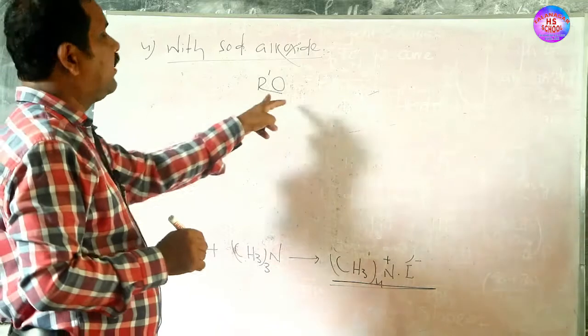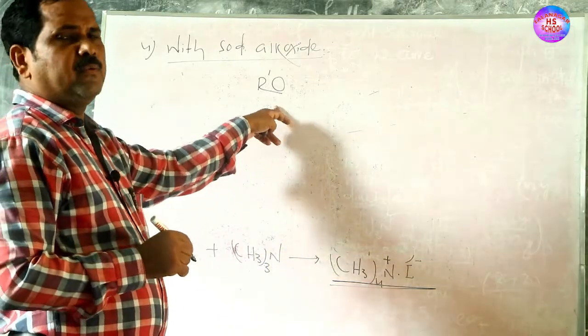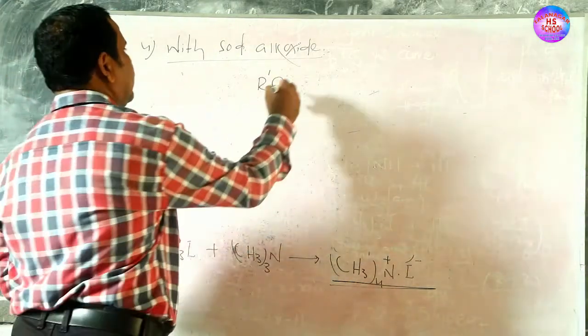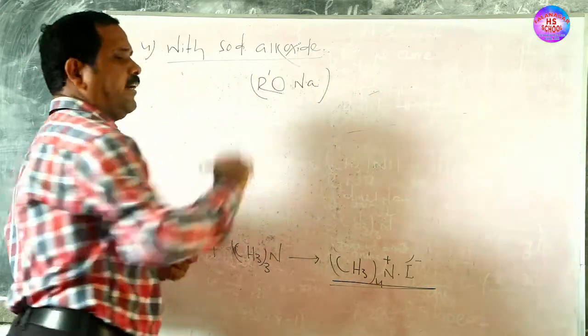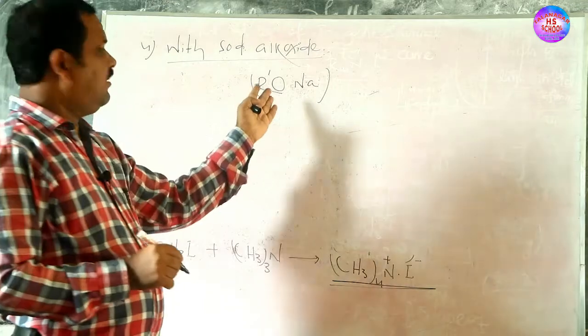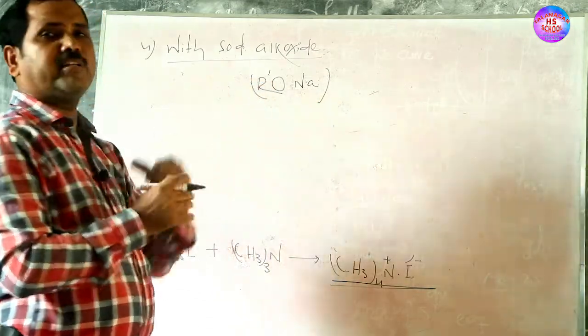It is called an alkoxy group. When combined with the sodium atom, we get the corresponding alkoxide. It is the general formula of sodium alkoxide: RONa.